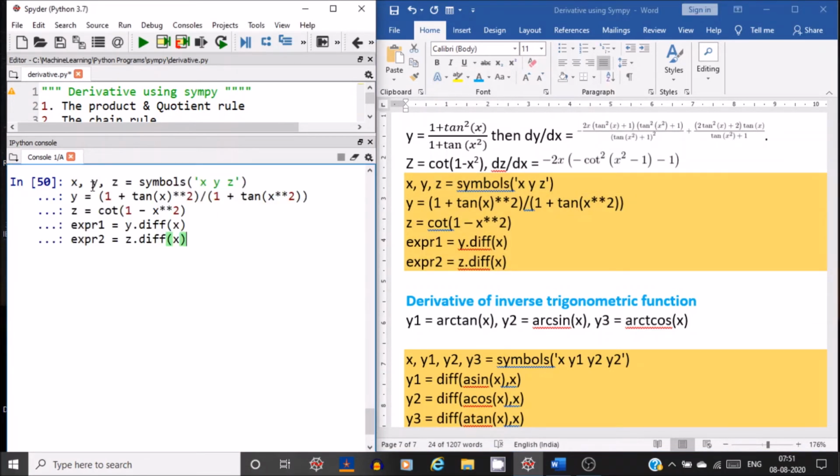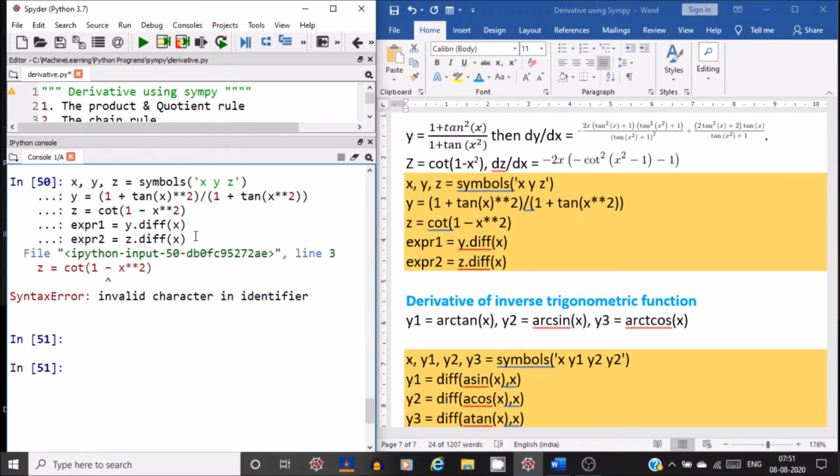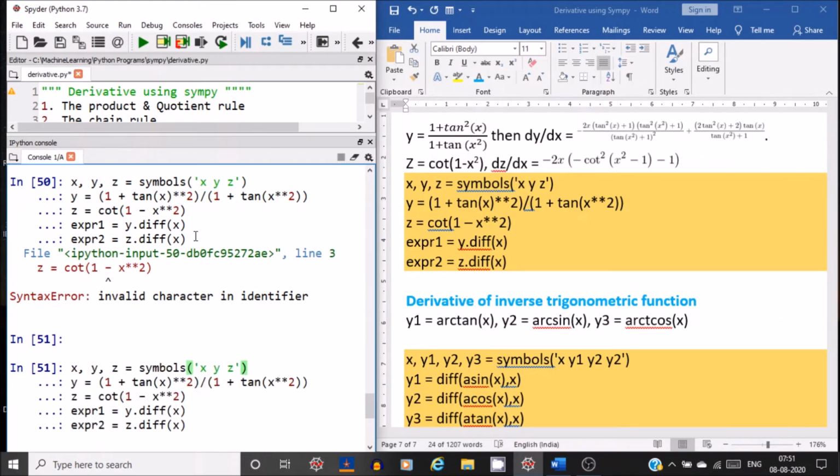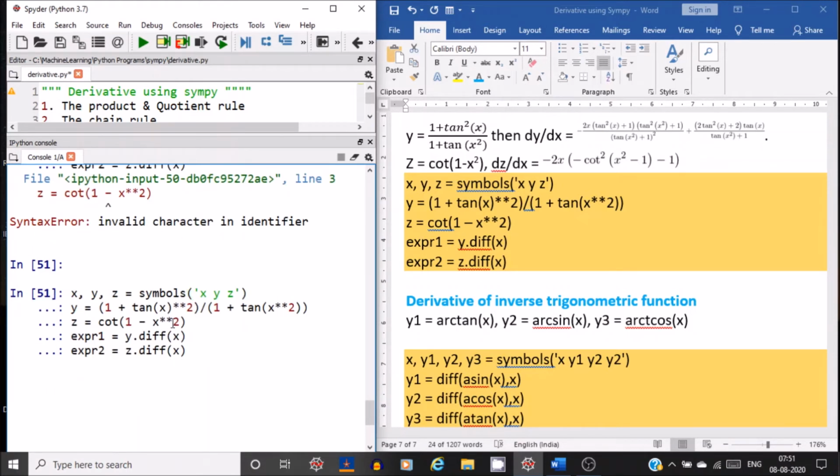So easily we can implement it. Here x, y, z are all symbols. y is equal to 1 plus tan square x by 1 plus tan x square. And z is equal to cot of 1 minus x square. And we can see the result. So there is a problem. Instead of plus here, it should be minus, and we can see the result.